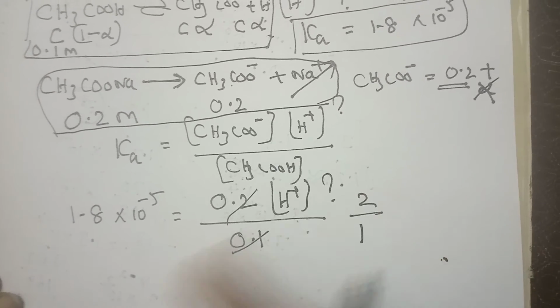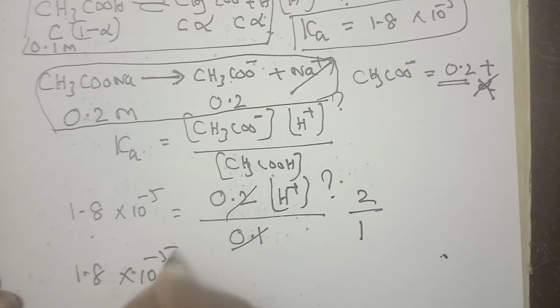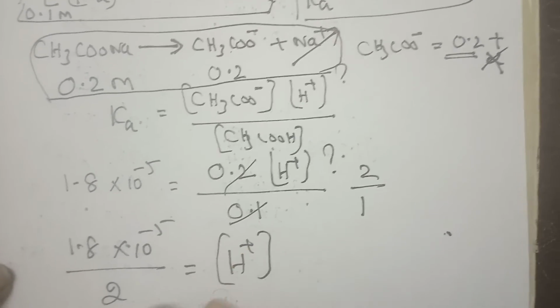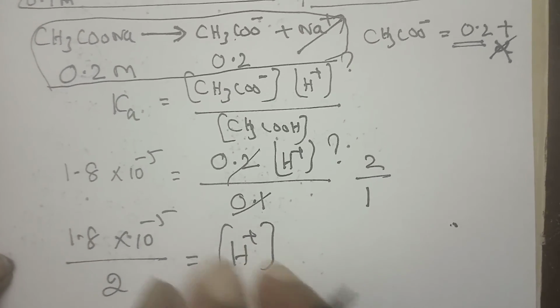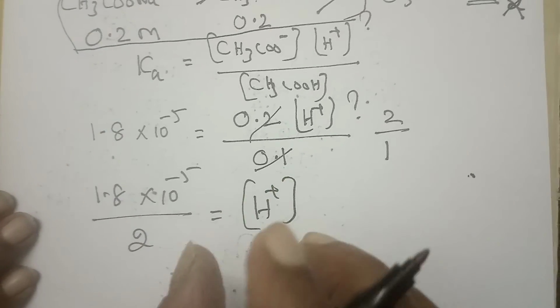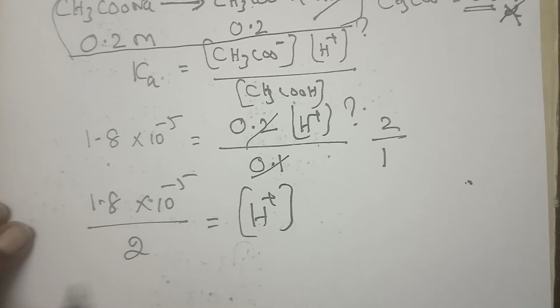Next, the 2 should be brought here. So I am bringing 1.8 × 10^-5 divided by 2, which is equal to the hydrogen ion concentration. This is the way you have to do it quickly in the examination. This knowledge you get only by practice. In the exam hall it will strike you.